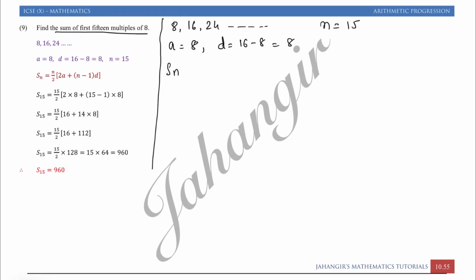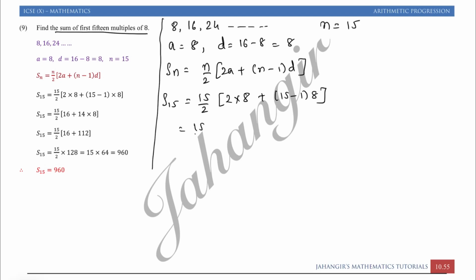So here I can directly write the Sn formula, that is n by 2, 2a plus n minus 1 into d. Here we don't need to find the last term. It's not required. If you want you can do it, but it's not required. Now in S15 we will directly write 15 by 2, 2 into 8 plus 15 minus 1 into 8.